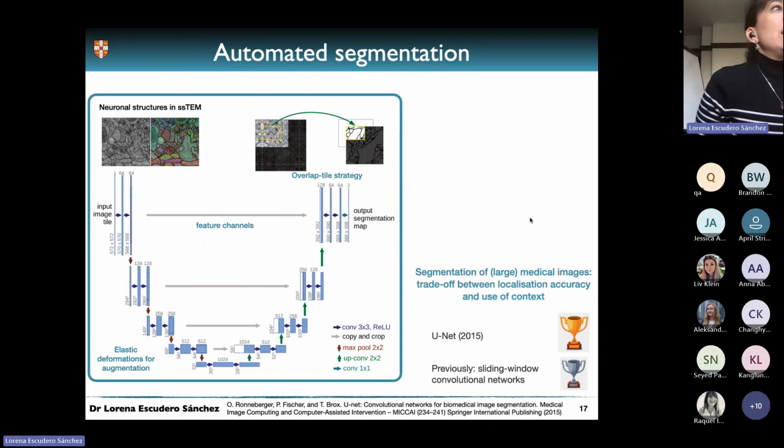They weren't radiological images; they were images of neuronal structures, and a tile strategy was used on these data sets. Before that, the previous state-of-the-art methodologies were based on sliding window CNNs, convolutional neural networks.